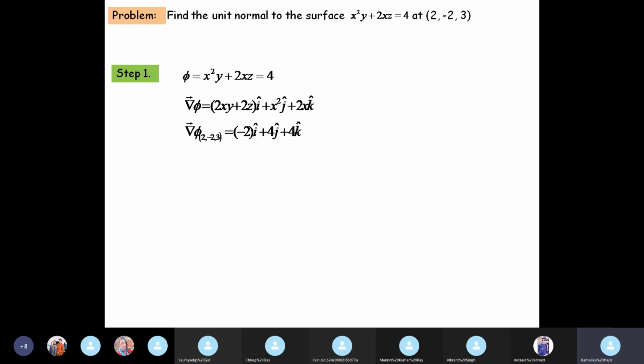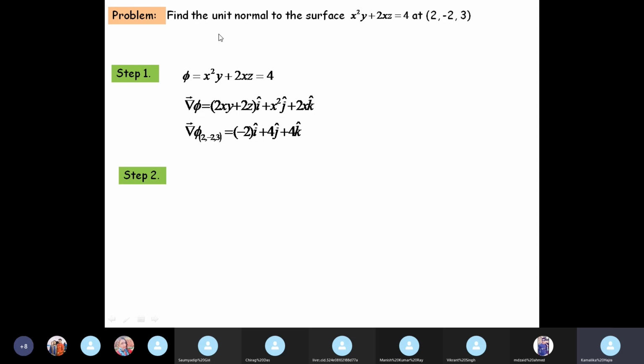Next, you find grad phi at this point (2, -2, 3). So in place of x, you put 2, in place of y, you put -2, and in place of z, you put 3. Putting the values, this is the expression of grad phi that you get: -2 i cap plus 4 j cap plus 4 k cap.